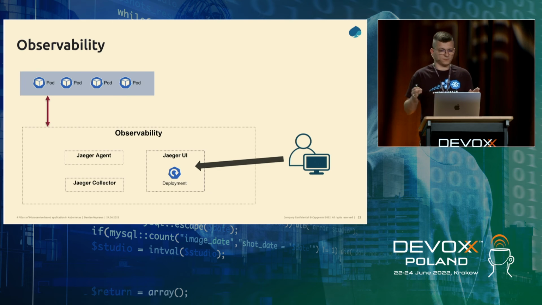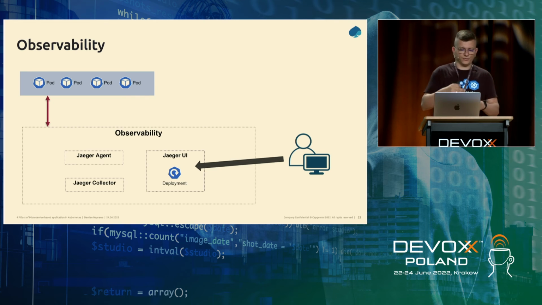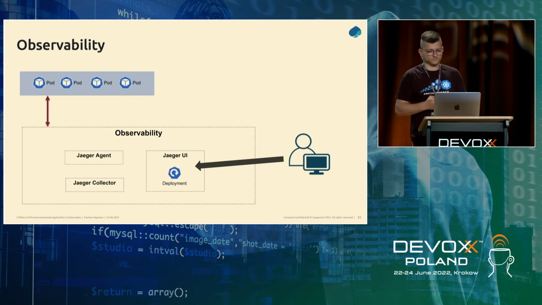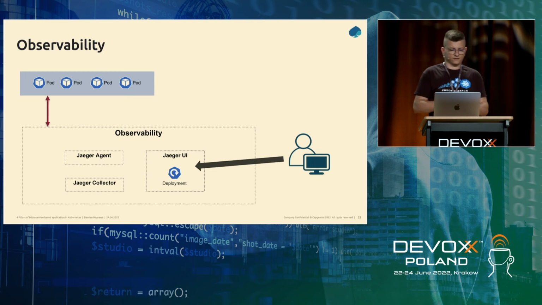So our application is ready for injecting the connection to Jaeger, and we will be injecting it in our YAML files. There are a few components which are deployed on the cluster, and from our perspective, we will be using Jaeger UI just to verify the request flow during our system.